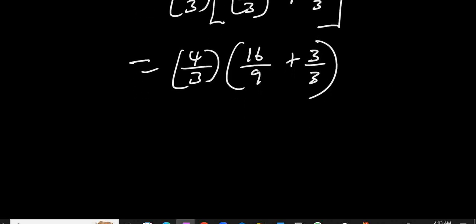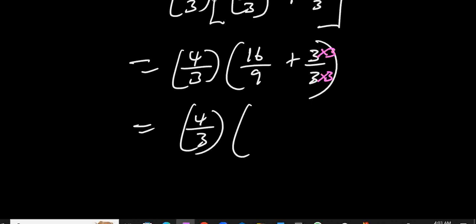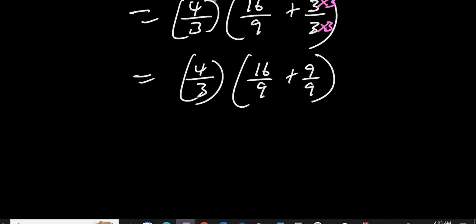So let's find the common denominator. Multiply this by 3. Multiply this by 3. So this will become 4 over 3 times 16 over 9 plus 9 over 9. So 16 plus 9 is 25.